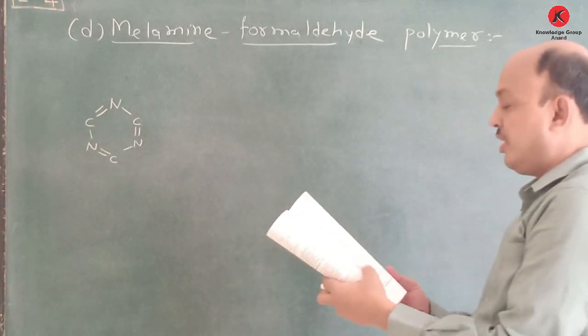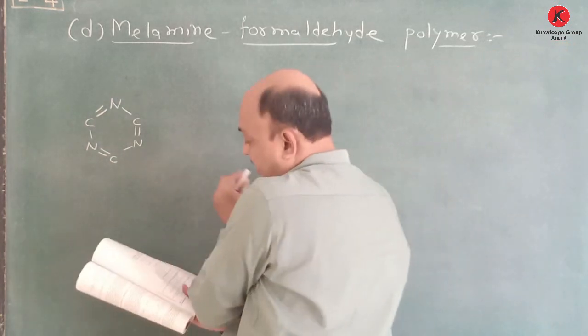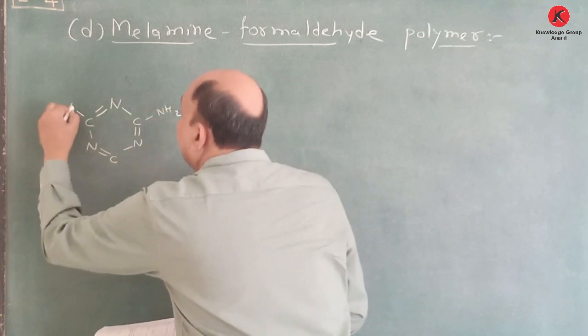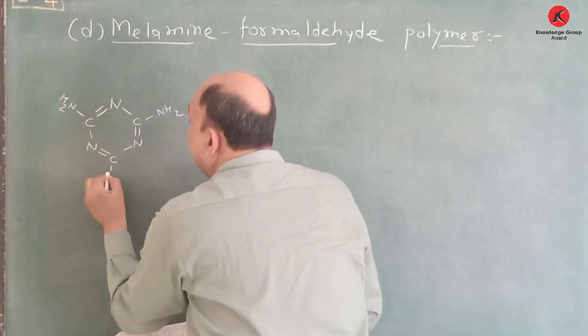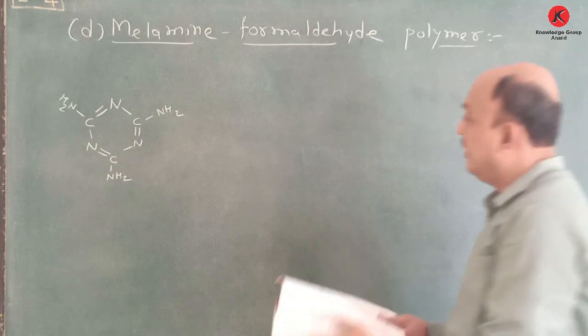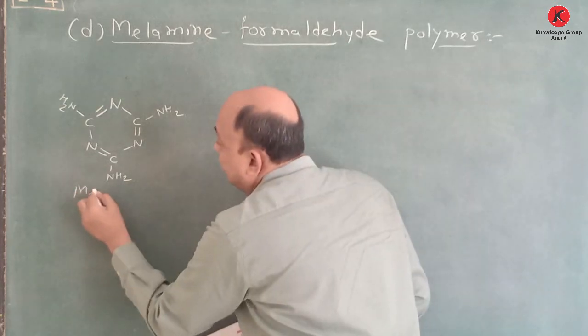Now, this is the structure of melamine. This is very important. Each carbon atom carries an NH2. Here also NH2, and here also NH2. This is the structure of melamine.